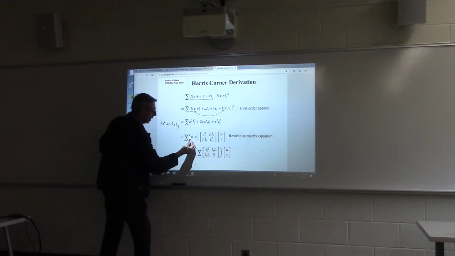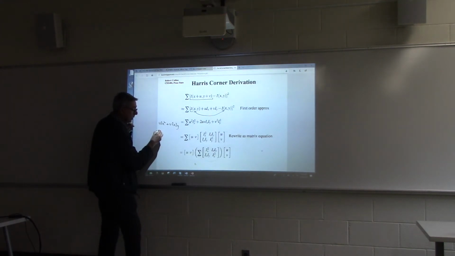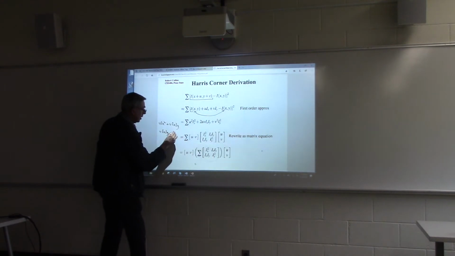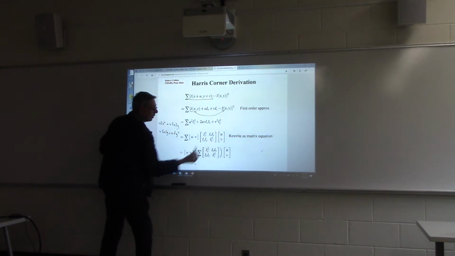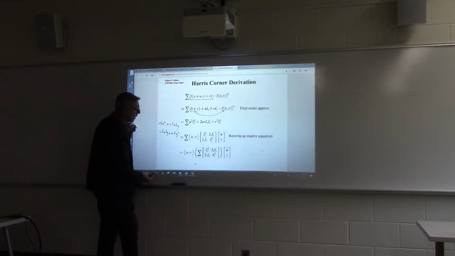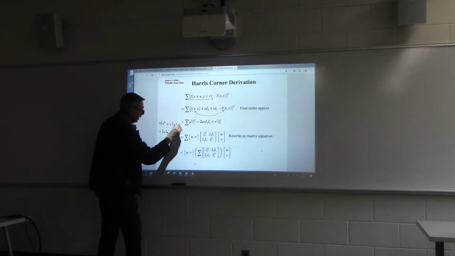Then the next one, row by column, will be u Ix Iy plus v Iy squared.